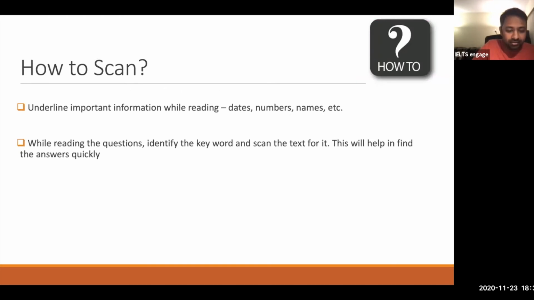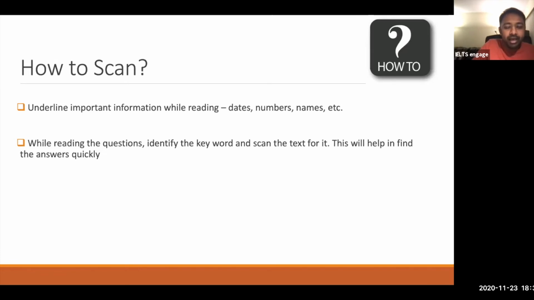How do we scan? The first step is, for example, when you're skimming, you're just reading for information. You're just reading to get a general idea of the passage or the paragraph. You underline important dates, keywords, numbers, names, keywords that you feel are important in that sentence.